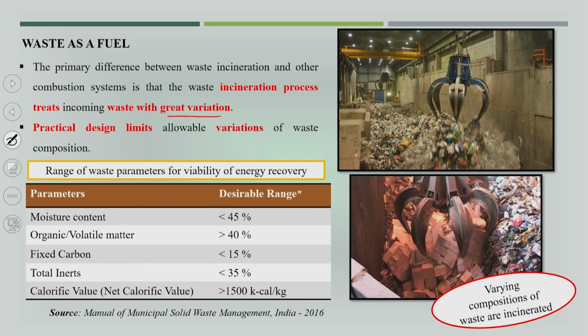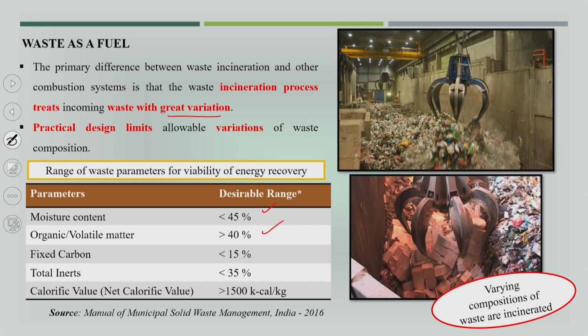It was given based on a few parameters. We can see whether the waste could be incinerated, or whether it is possible to produce energy from the waste. Here the moisture content should be less than 45%. The organic matter required for the combustion or incineration process should be more than 40%.